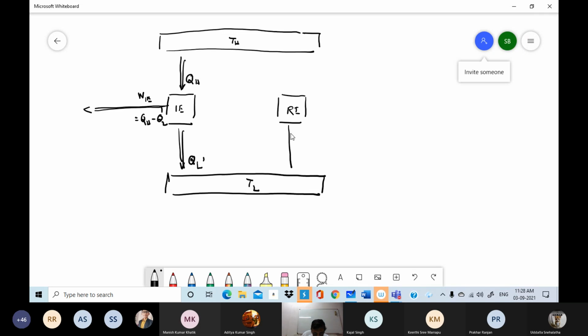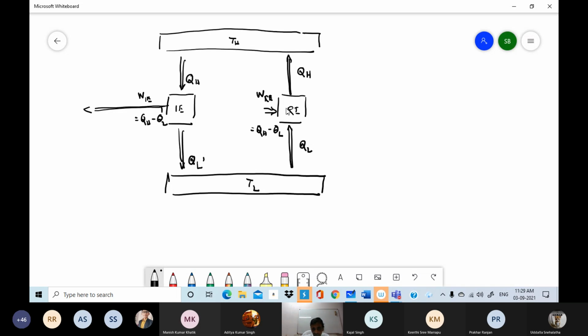Now I've reversed this. So QL plus QH minus QL, that adds up, gives you QH.